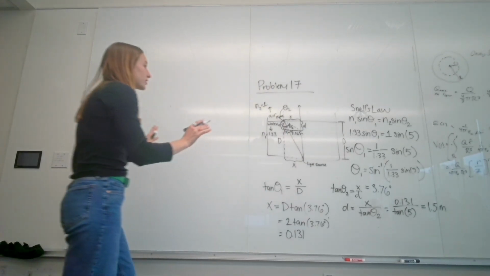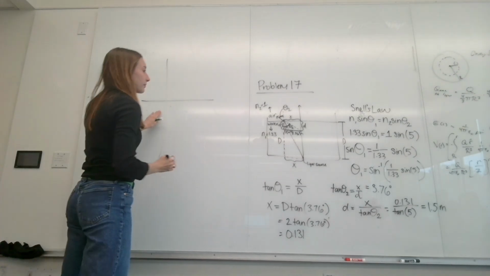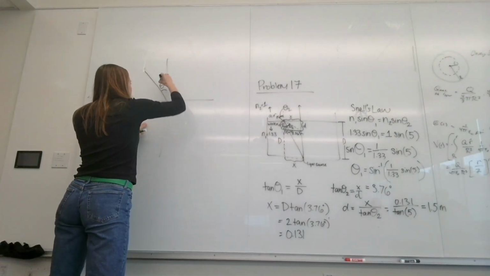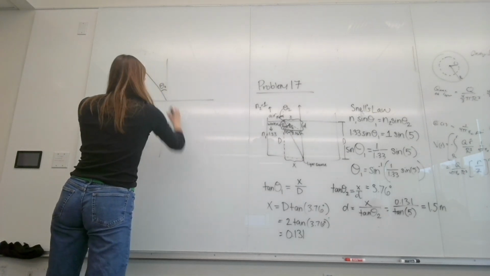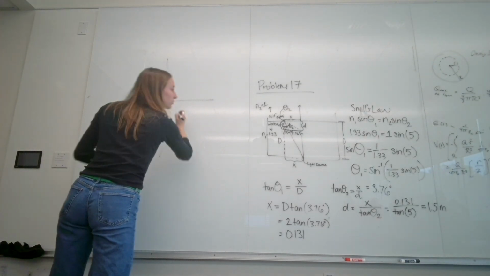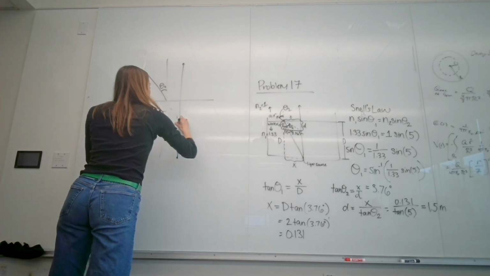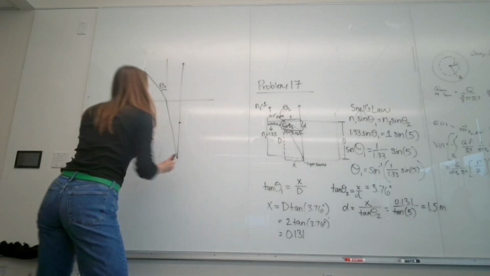So if we want to just blow this up really quick so we can see exactly what's happening: if I have theta 2 here, here's my light source. Got a perpendicular ray going like this, and a refracted ray going like this.